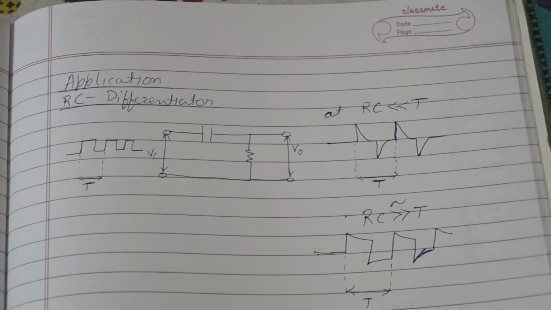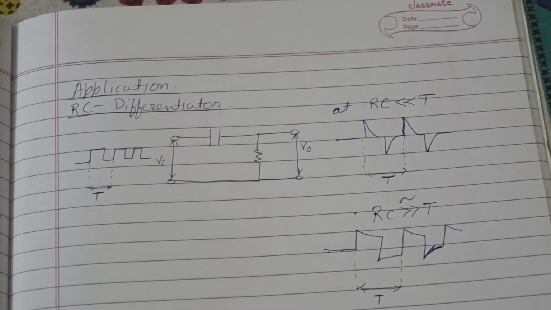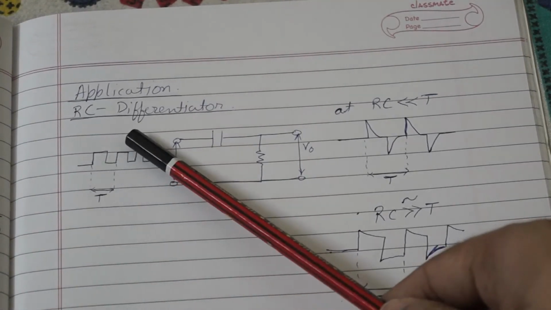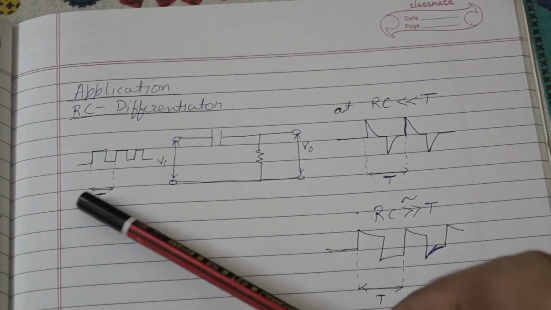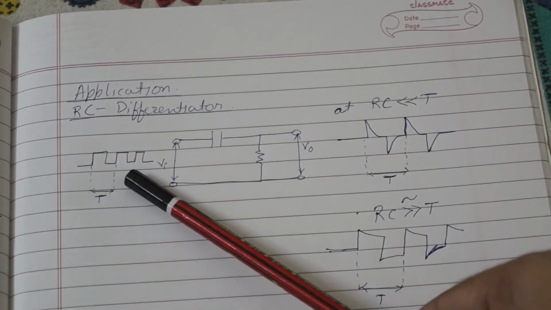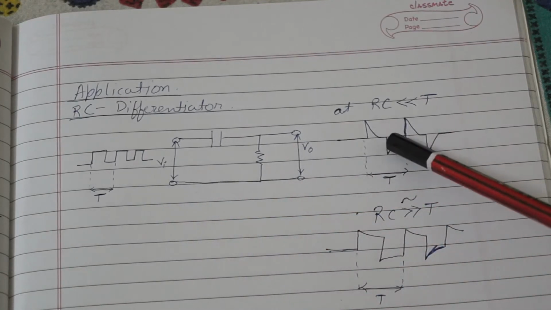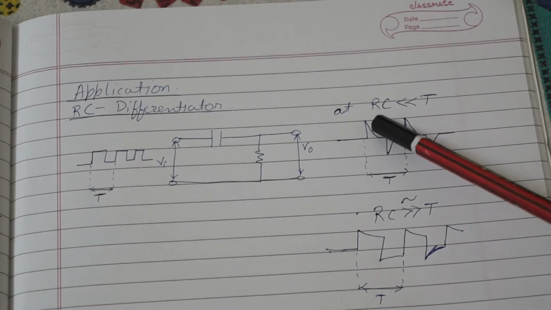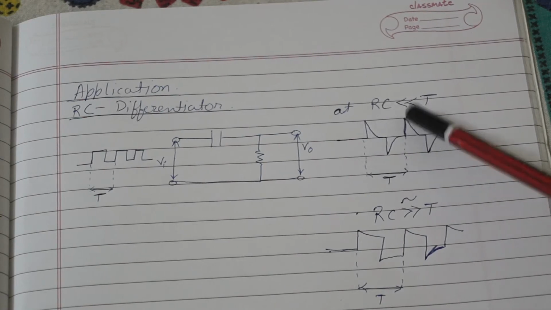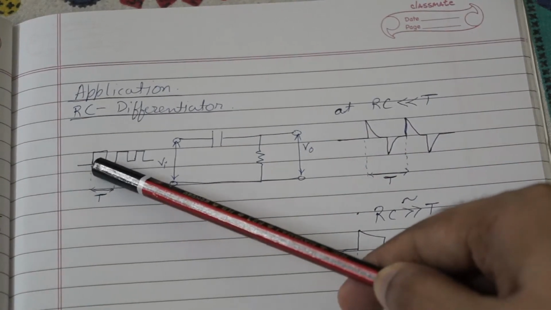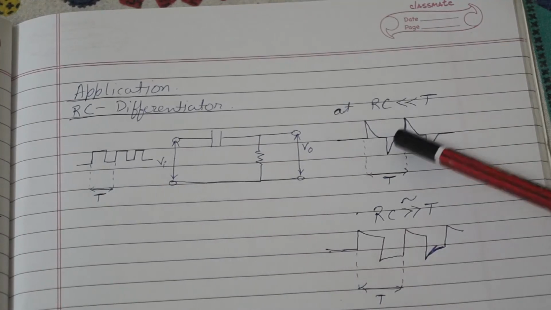Now you can use this high pass filter as a differentiator. If we apply a square wave at its input, we will get something like this: spikes at both time intervals.